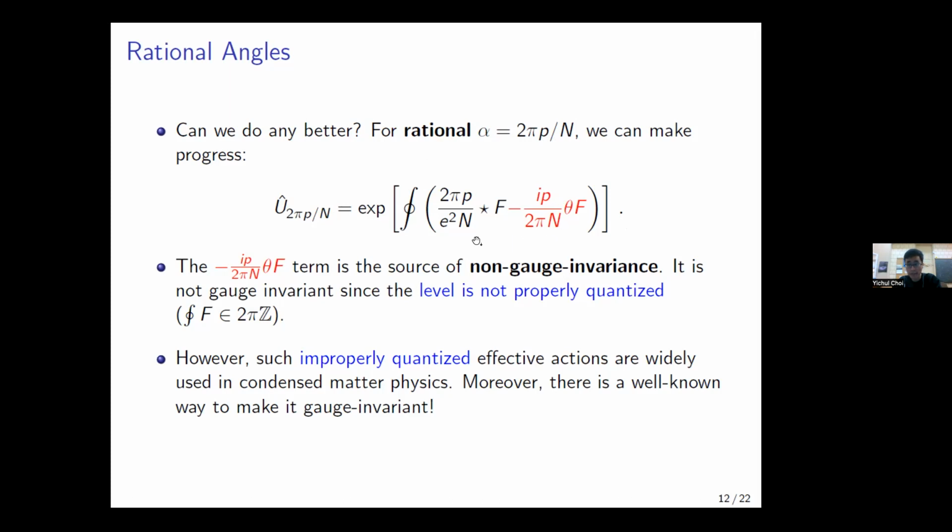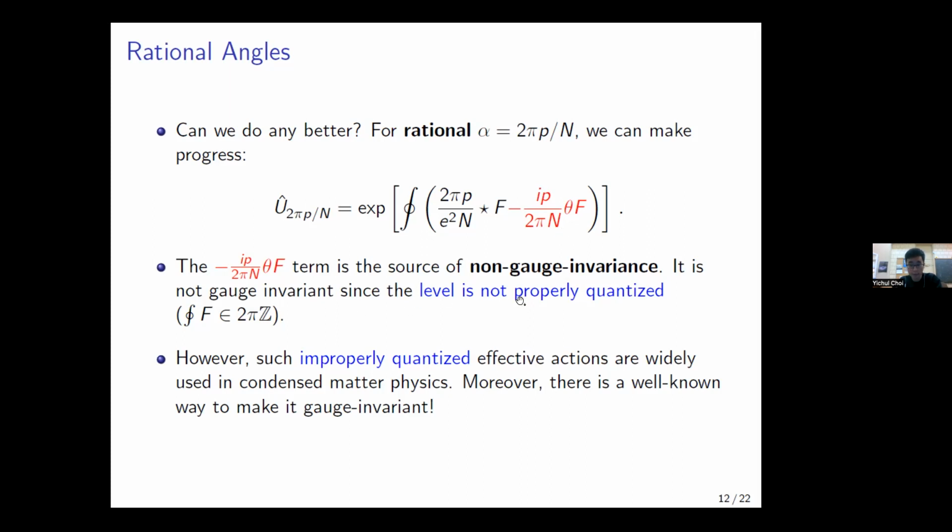And it is not gauge-invariant because of this red term. To be more precise, this red term is not gauge-invariant because the level is not properly quantized. In my convention, this theta F coupling would be gauge-invariant if the coefficient is i over 2 pi times an integer. But instead of an integer, I have a fractional number here.